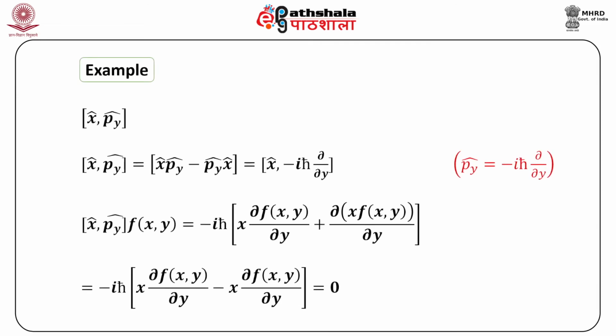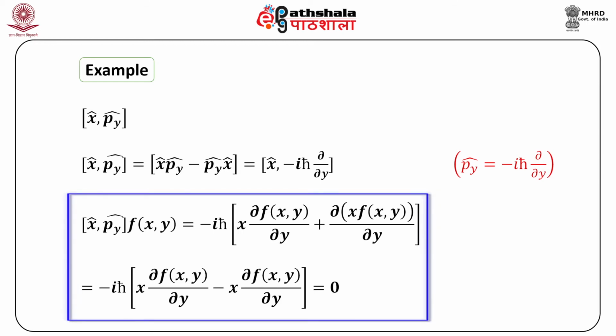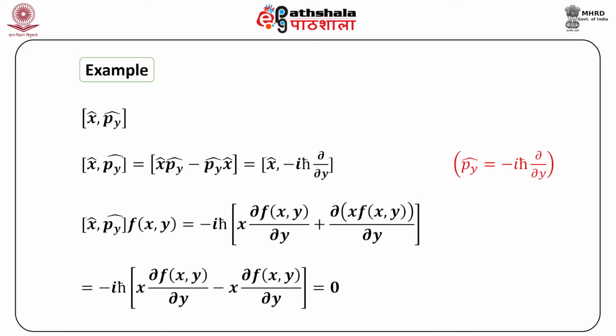On the other hand, if we take the operators x cap and py cap, the linear momentum along the y direction, then you can see here, when this operates on a function f(x,y), the ultimate expression is 0. That means these two operators commute with each other. And what does it imply?